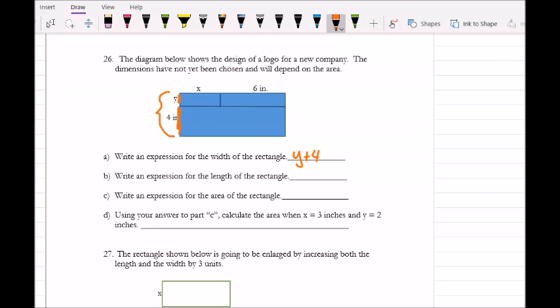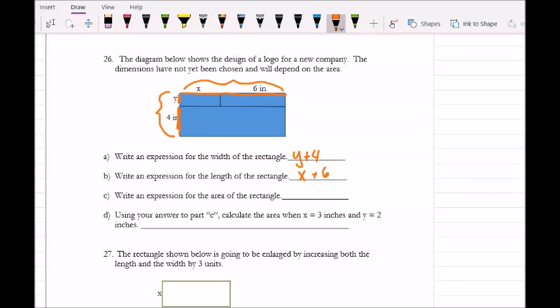Write an expression for the length of the rectangle. Well, that's the same idea. We want to combine this piece with this piece and make one whole piece, which would be x plus 6. Write an expression for the area of the rectangle.